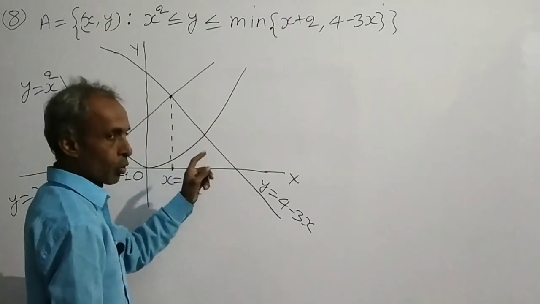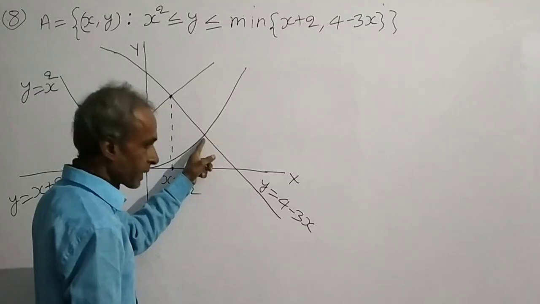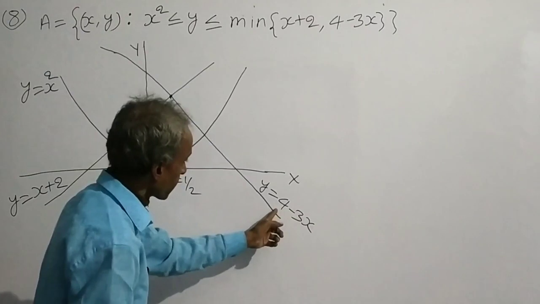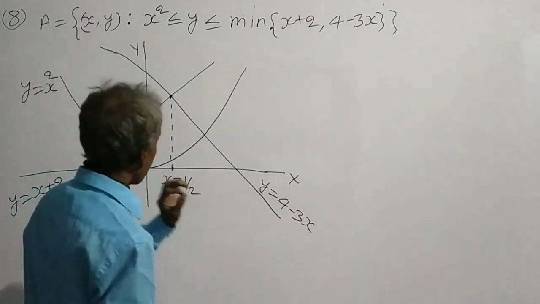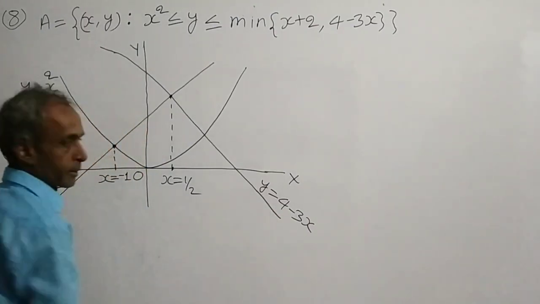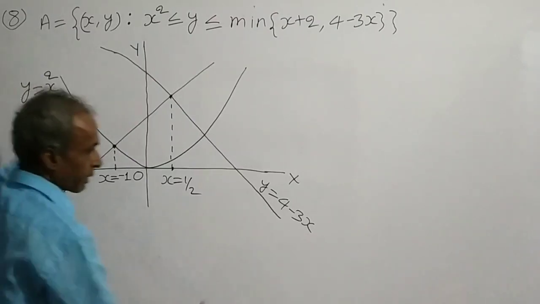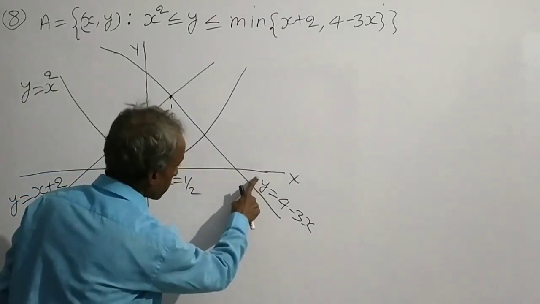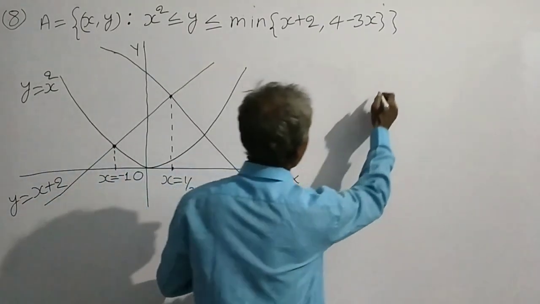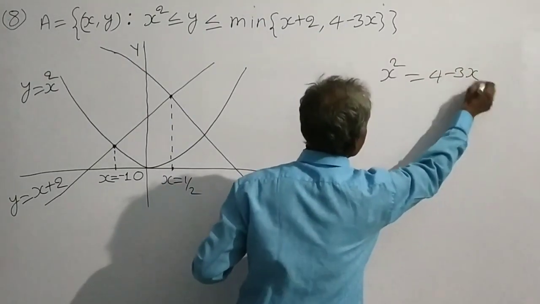Now we want to find the x coordinate of this point of intersection of this parabola and this straight line. For this purpose, we will solve these two equations. Putting the value of y from this equation in place of this y in this equation, we get x square is equal to 4 minus 3x.